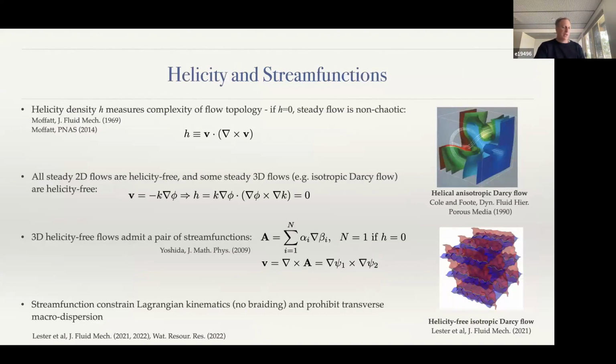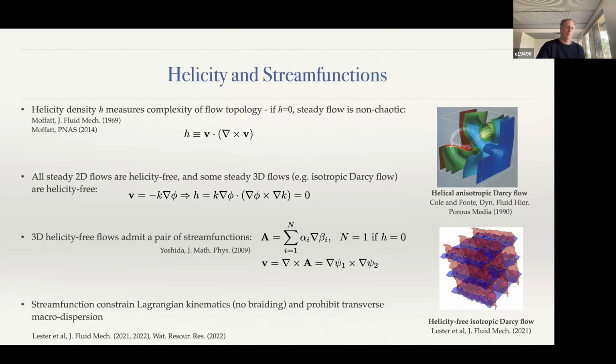Another concept that's quite relevant for some of the model flows that are considered in fields of porous media is helicity. And helicity is also used heavily in turbulence studies to measure the complexity of the flow topology. Essentially, the helicity is given as the dot product of velocity and vorticity. And if the helicity density is 0 everywhere for a steady flow, we can surmise that that flow is non-chaotic.